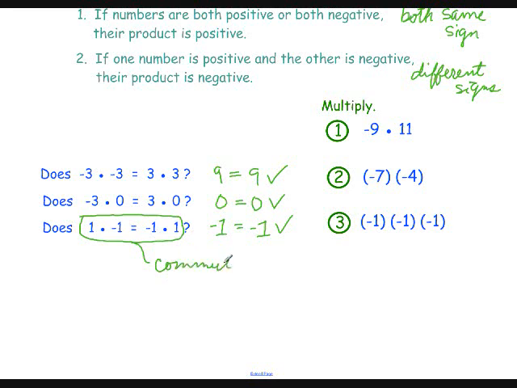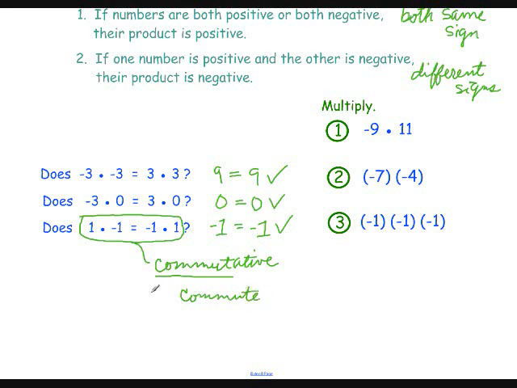The commutative property. We'll be coming back and talking more about the commutative property. If you're trying to remember that word, which I think is really hard to remember, pick up on these first two syllables and think of commute. I didn't even spell it right, did I?